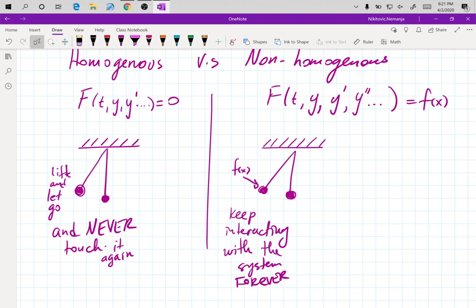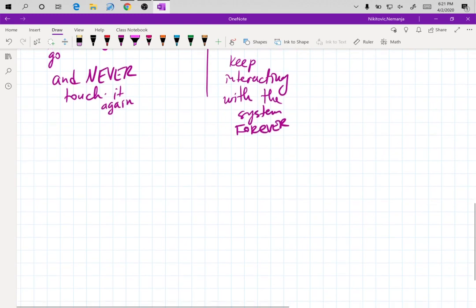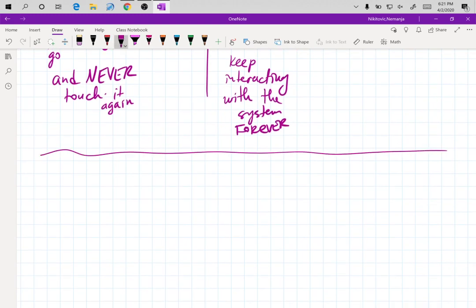And it's simple, right? It's equal to 0, so the system is in motion, the differential equation is doing whatever it's supposed to be doing, and that's it. Whereas over here you are constantly interacting with it and you keep adding energy to the system. So that's homogeneous versus non-homogeneous.